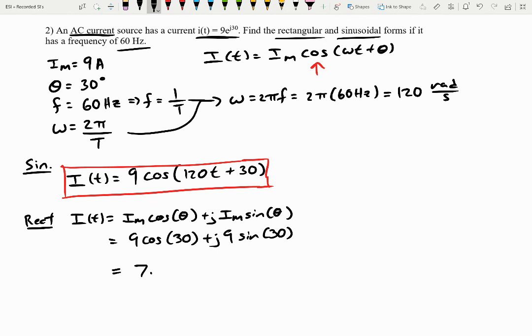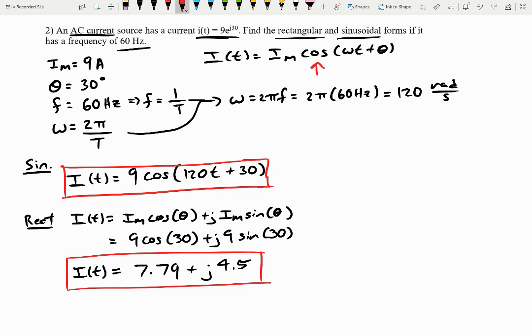That gives me 7.79 for the real part, 9 cosine 30. And then 9 sine of 30 gives me 4.5 for the j. And there we are. It's just like that.